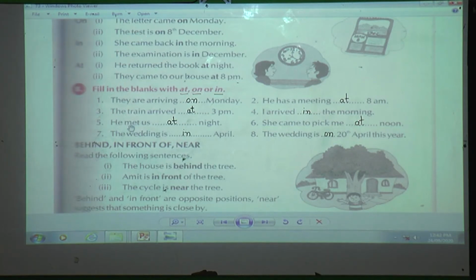He met us at night. Yes or no? She came to pick me at noon. The wedding is in April. The wedding is on 20th April this year. Understood how we have used the correct use of on, at and in? Okay. Next.